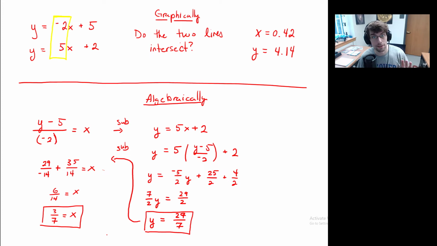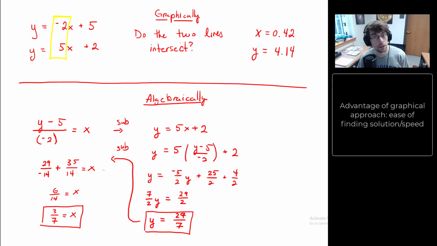Now I'll highlight something for you. Notice how quickly we were able to get the answer graphically as compared to algebraically. Right? Graphically, we just typed it in. It took all of 2 minutes. And half that time was waiting for the internet browser to load.